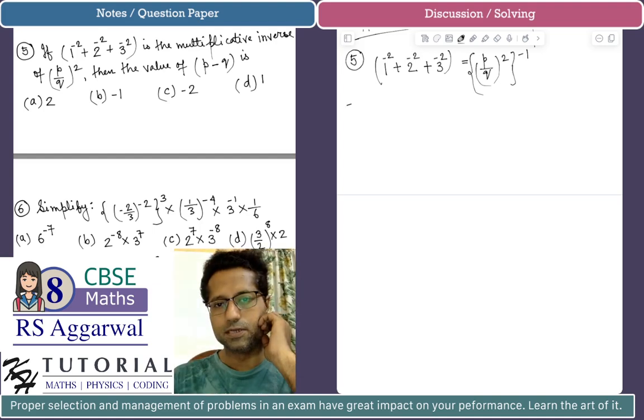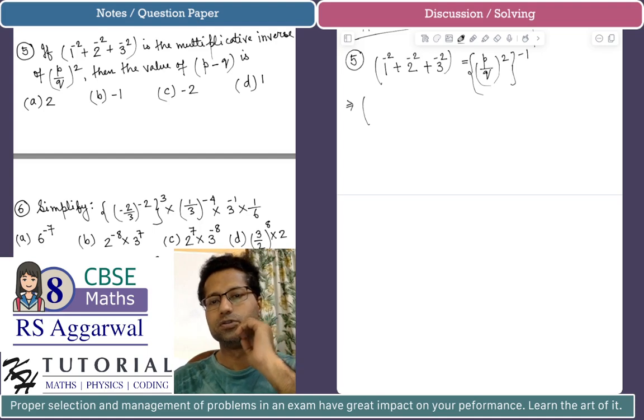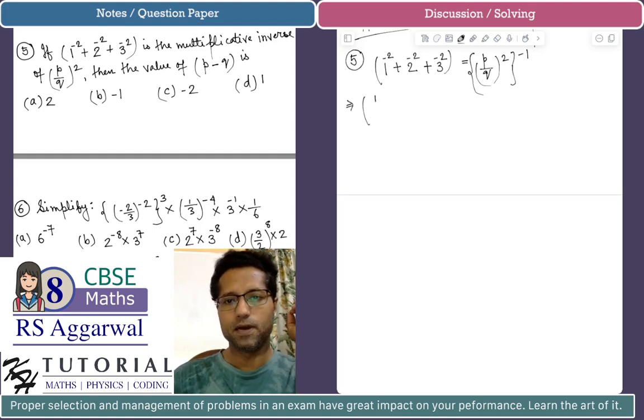Okay. So let's simplify the LHS. LHS is 1 raised to the power minus 2, which means 1 by 1 square. Similarly, we have 1 by 2 square plus 1 by 3 square.